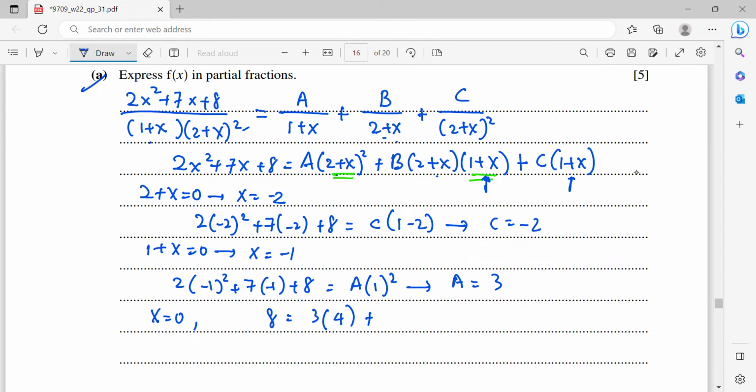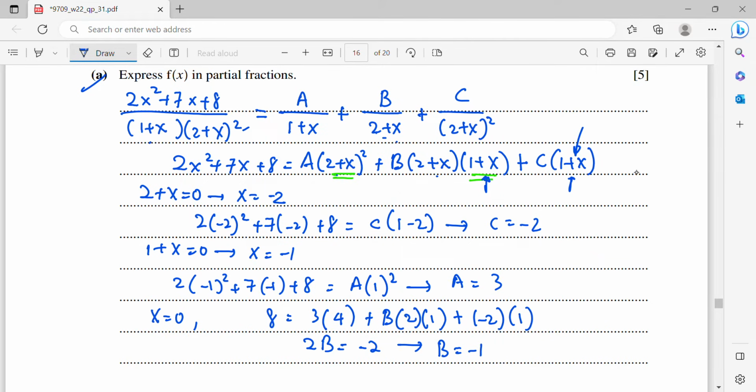Plus B, 2 plus 0 is 2, 1 plus 0 is 1. Then plus C, C is minus 2, and down here, 1 plus 0 is 1. Okay, so now rearrange, and you will get 2b equals to minus 2. Therefore, your b is minus 1.